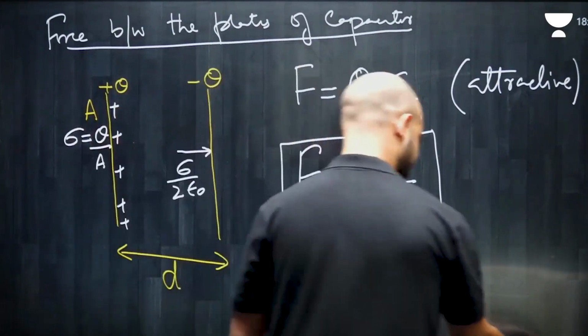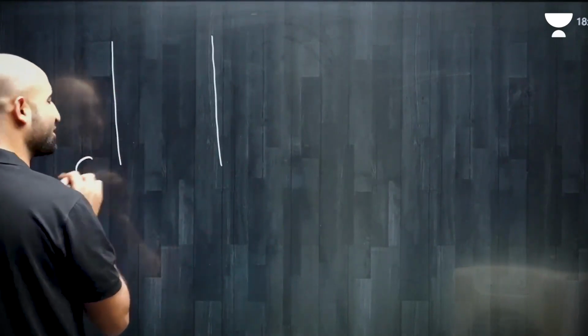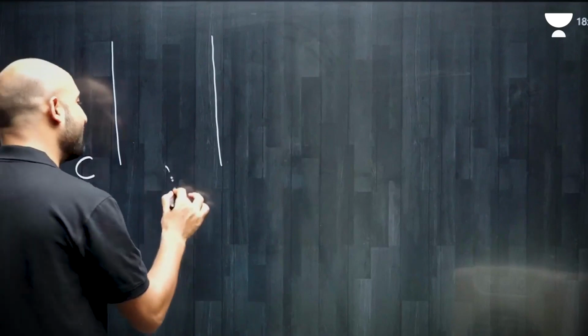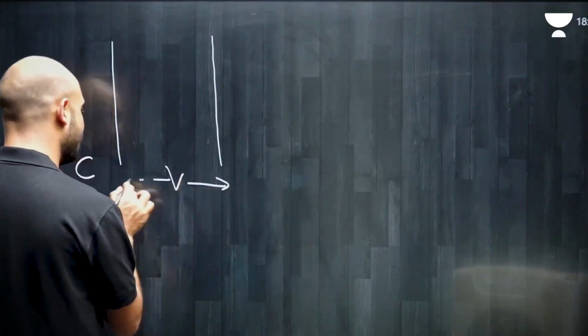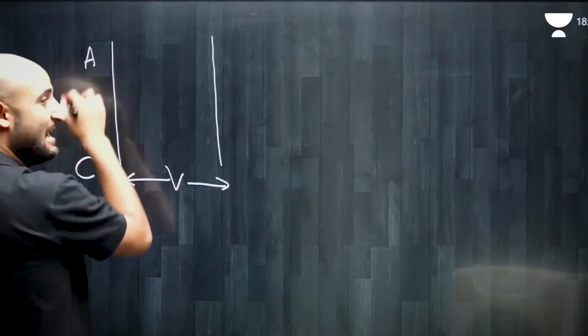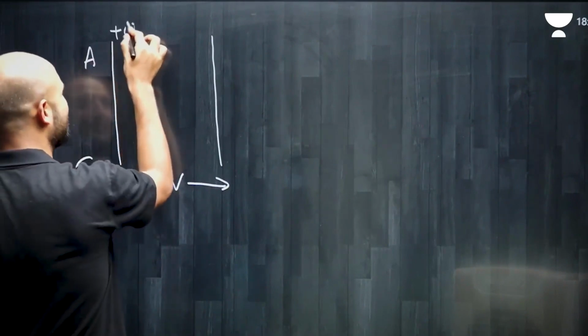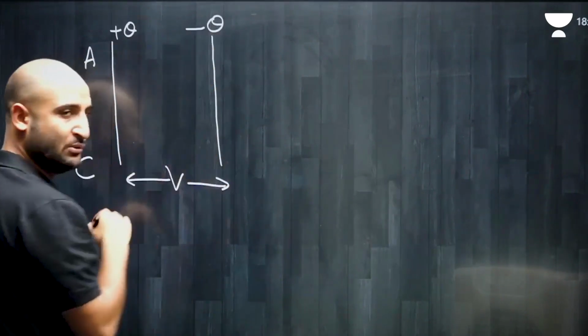Moving ahead here, let's talk about one more thing. Have a look here. We already derived the energy stored by the capacitor. Let's assume that the capacitance of this capacitor is C. The potential difference across the plates is V. Area of the plate is A. Charge on this plate is plus Q. Charge on this plate is minus Q. Right?